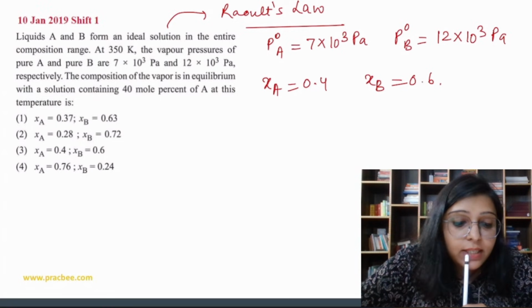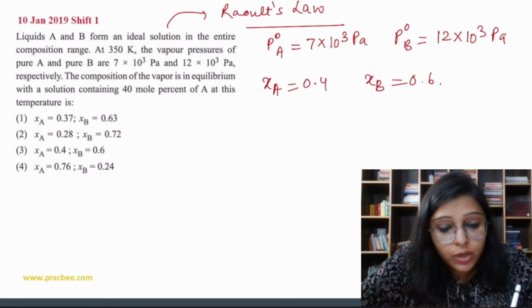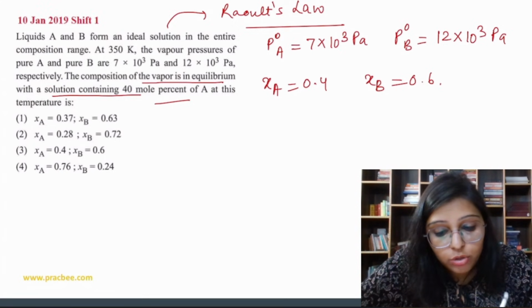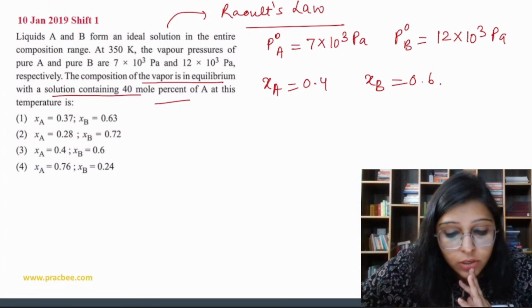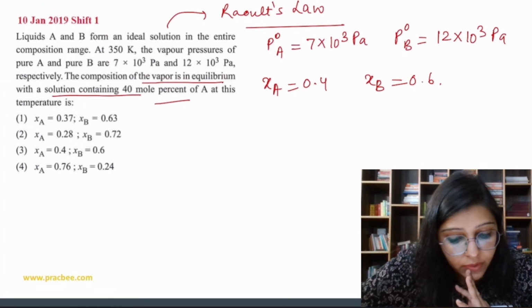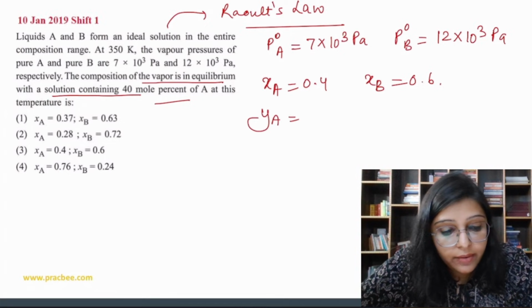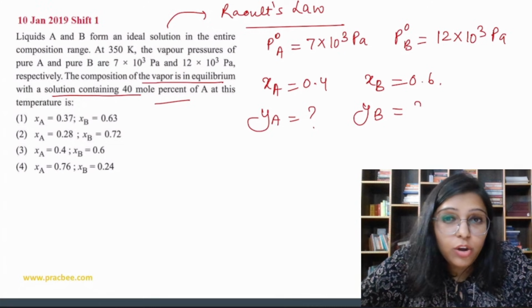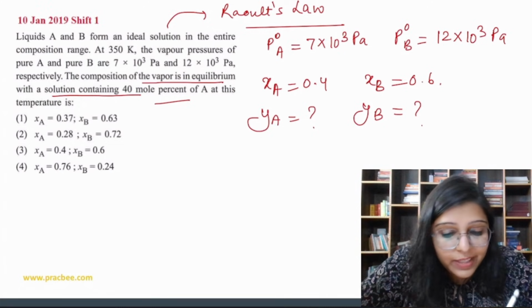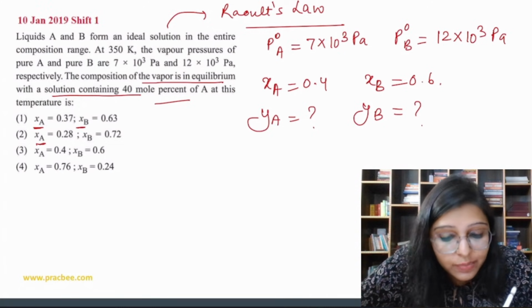So at this temperature, we have to find the values. Basically it says the composition of the vapor phase is in equilibrium with the solution containing 40% of A. Right? Fine. Basically in the vapor phase we have to find this YA and YB. But if you see the options, here YA and YB are going to be in terms of XA and XB.